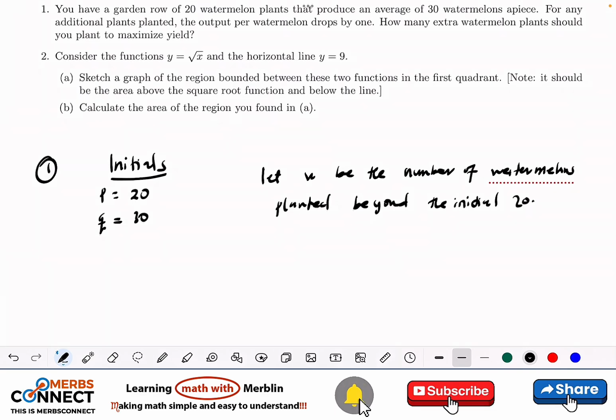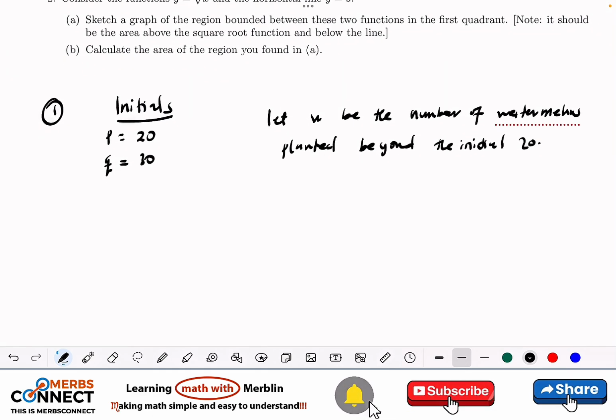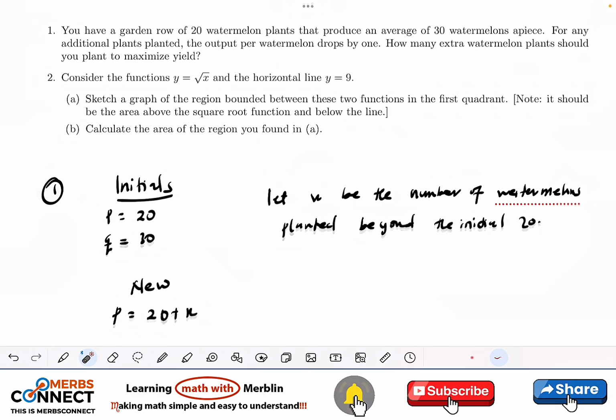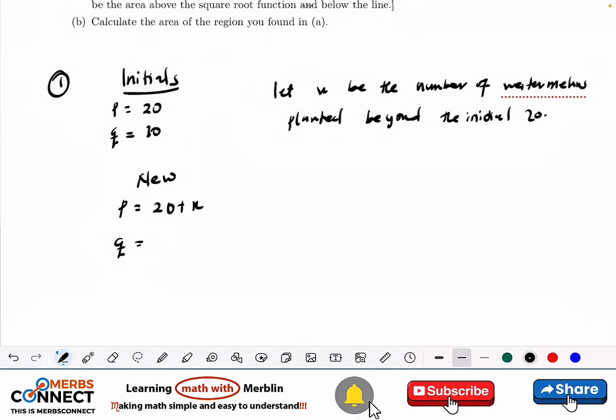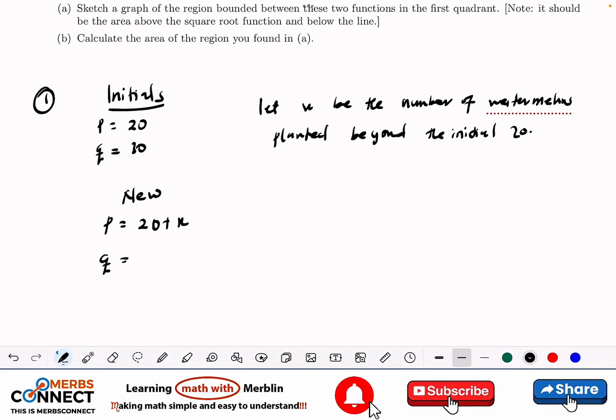So we are going to have p equal to 20 plus x, the new one that we're having. Now, any time that we add one plant, the quantity goes down by one. So the quantity is going to be 30 minus x.